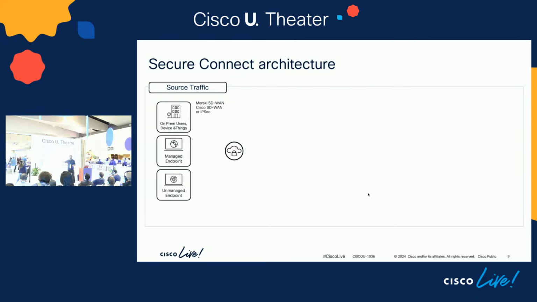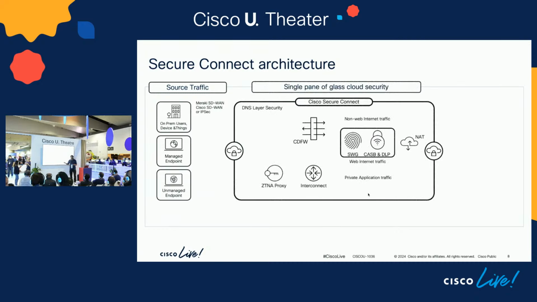Then we have unmanaged endpoints, maybe your contractors or BYOD devices, that want to access your applications from outside. In the middle, we have our Secure Connect fabric with these different security layers. These layers are used to secure your access to the internet and also help you connect to your applications in a secure and controlled way.